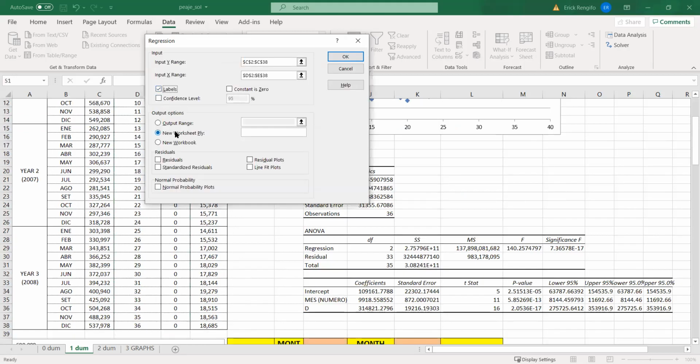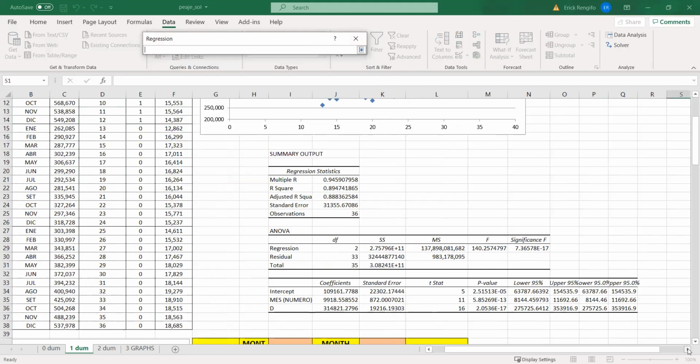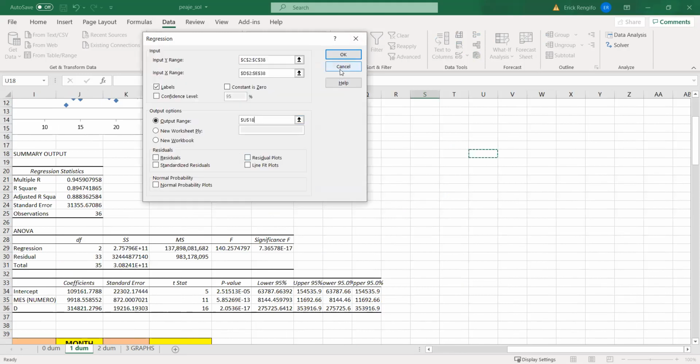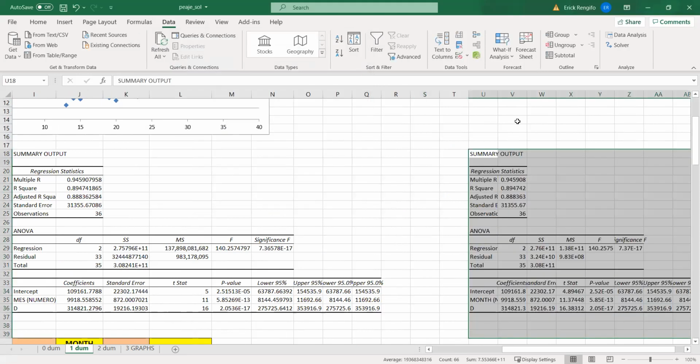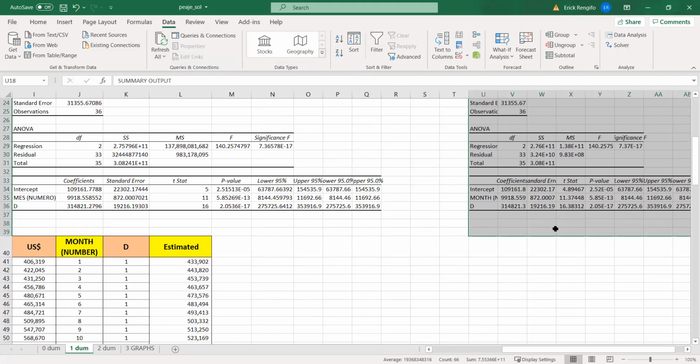Okay, so I have labels, and I want my output range to be perhaps here. And then I simply click OK. That's the regression I've done. Do you see that? Guys, do you see that?